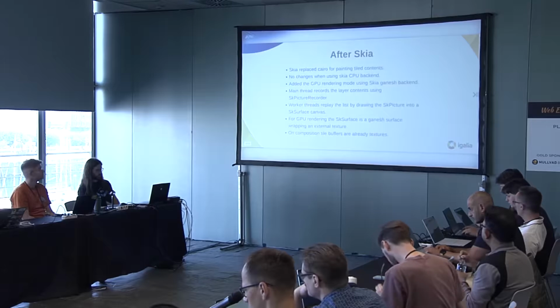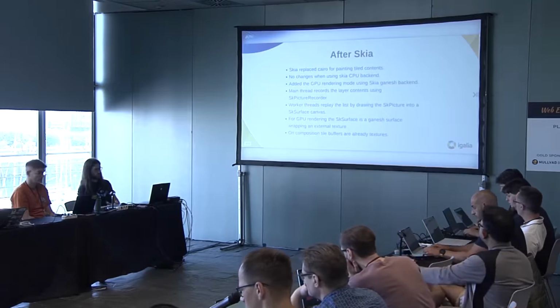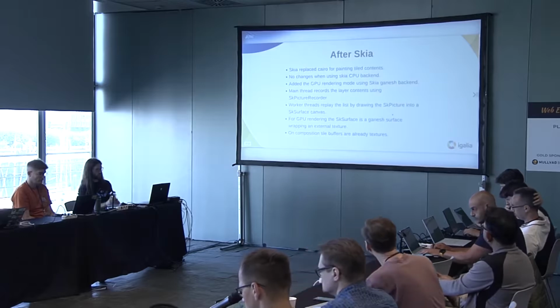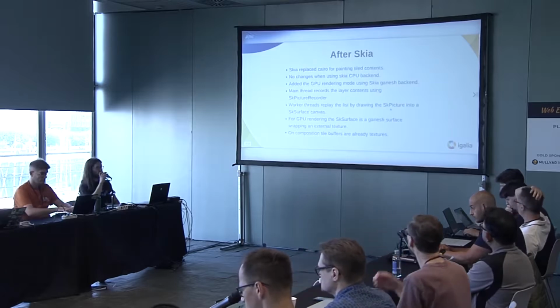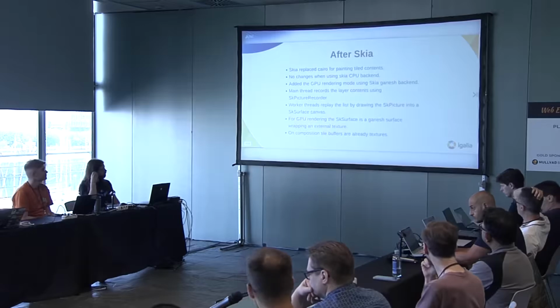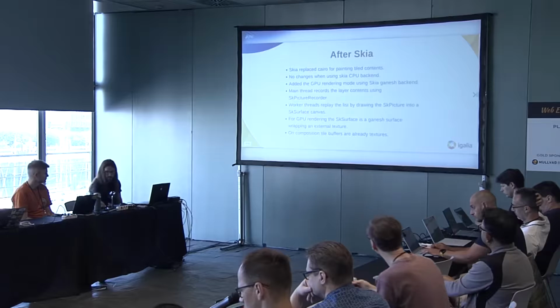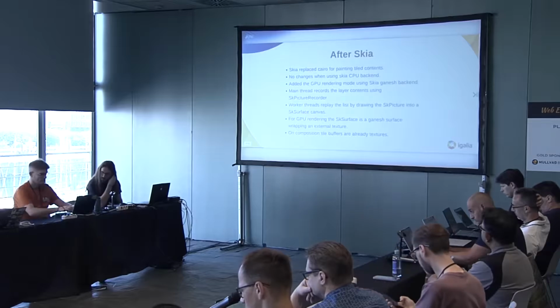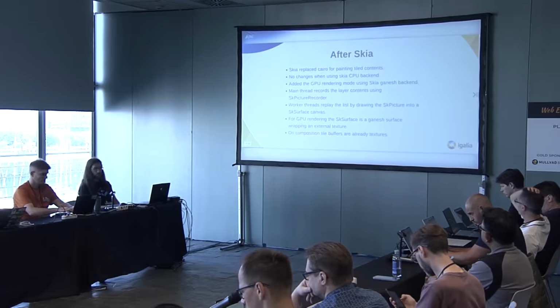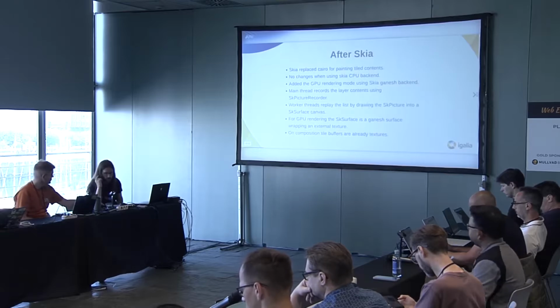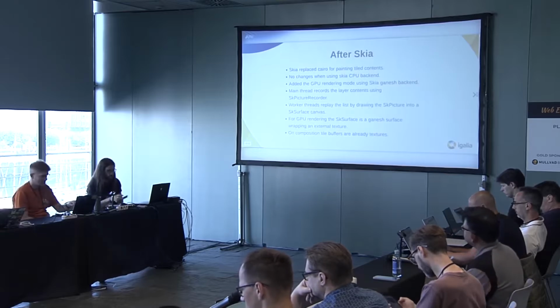After Skia, Cairo was replaced by Skia for painting these tiled contents only. The model is mostly the same when we are using the Skia CPU backend. We introduced some other optimizations, but the whole idea is pretty much the same. But Skia allowed us to introduce GPU rendering using the Ganesh backend.